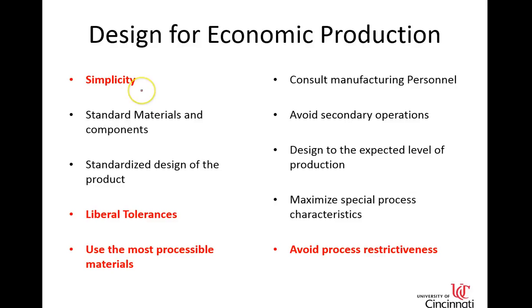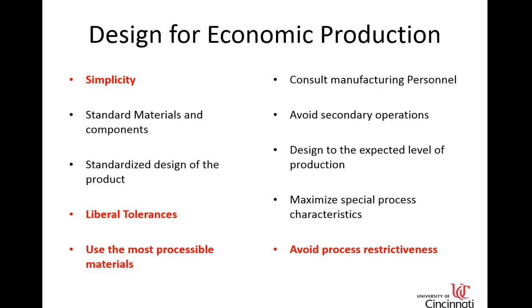Obviously, I've bolded some of these and made them red. Simplicity, creating liberal tolerances has a direct impact on costs. Easily processable materials, avoid process restrictiveness. In other words, if the manufacturer has enough flexibility to put something on various machines, that could cause a little more nimbleness in the process.